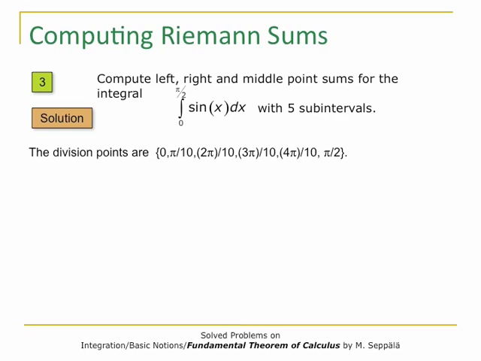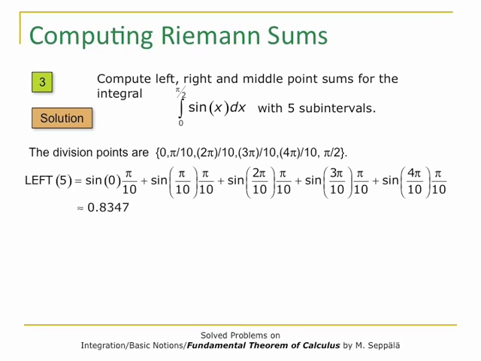When we divide the interval from 0 to pi over 2 to 5 subintervals of equal length, then the length of each subinterval is pi over 10, and from that we get these division points. The left approximation is now the combined area of the rectangles over these subintervals, where the height of the rectangle is the value of the function at the left endpoint of each subinterval.